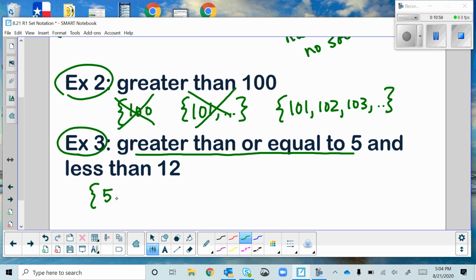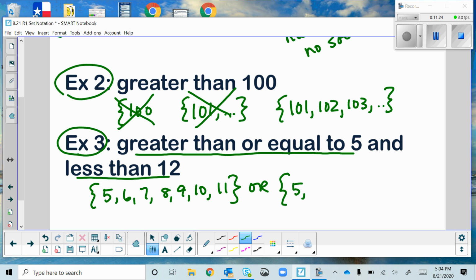And then the next natural number after that is 6, and then 7, and so forth. But it will not include 12 because it says and less than 12. It does not say can be equal to 12. So we are going to stop there at 11. Unless you wanted to use your dot, dot, dot, and you used 3 numbers for your pattern, and then went to 11.